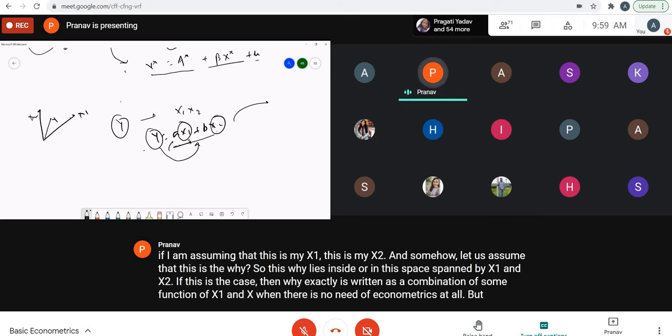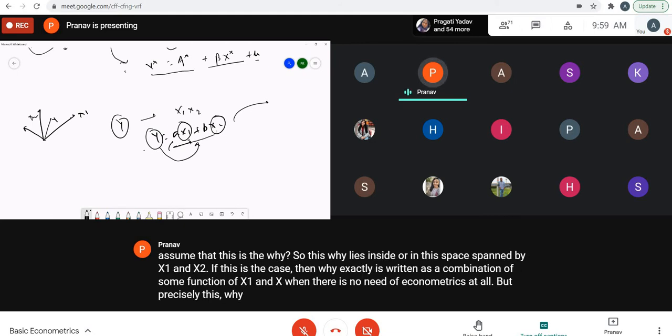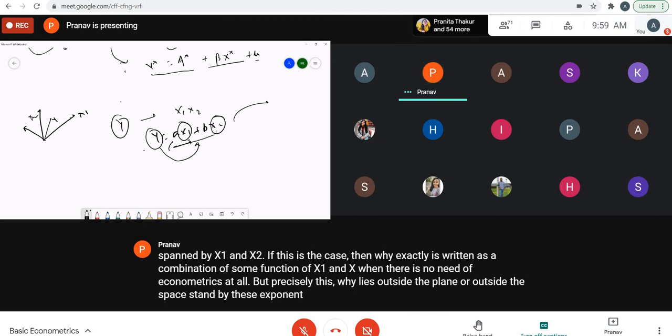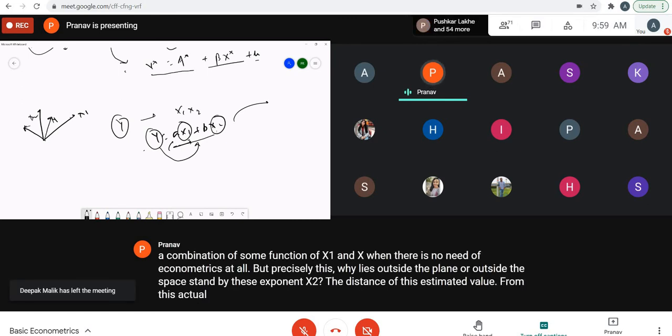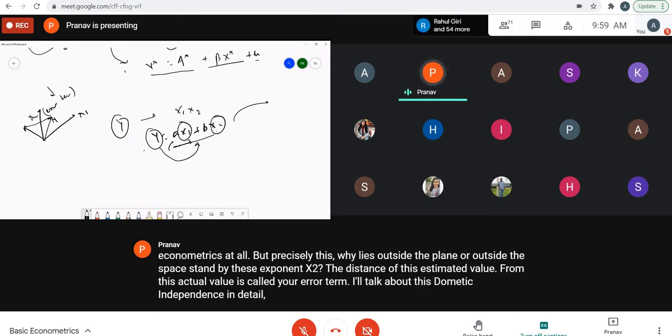But precisely this y lies outside the plane or the space spanned by x1 and x2, and the distance of this estimated value from this actual value is called your error term. I'll talk about this geometric interpretation in detail, but this is how you should visualize it.